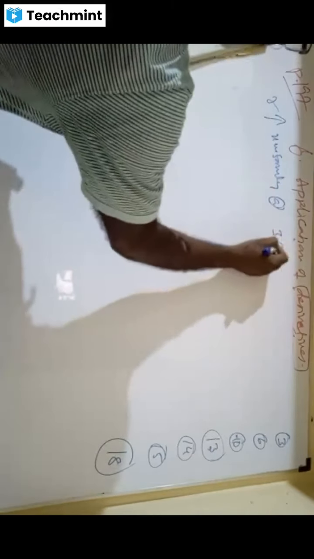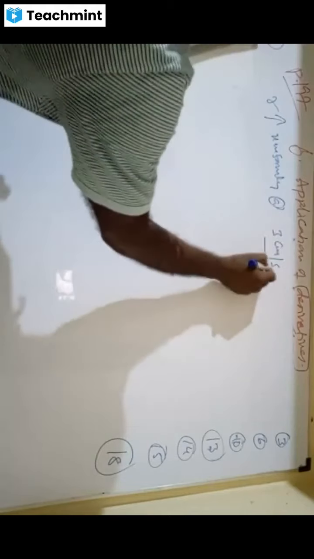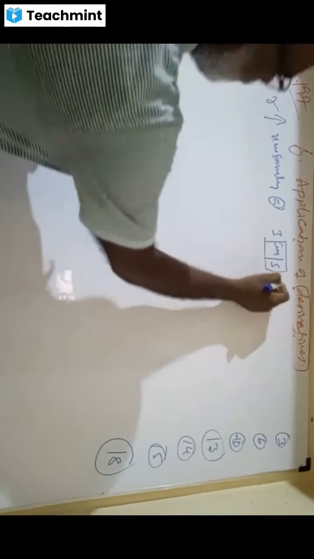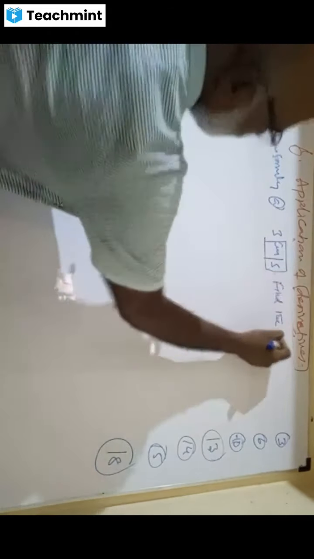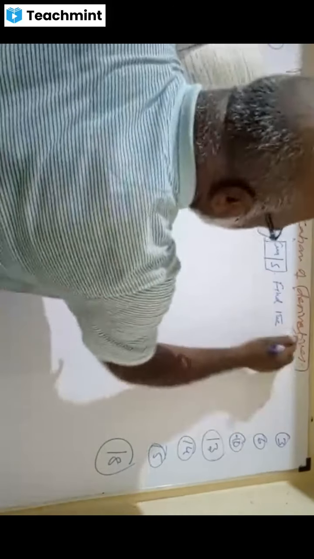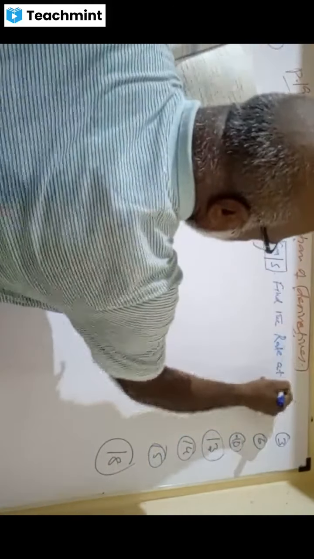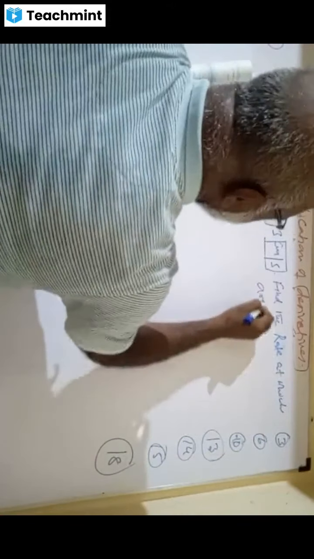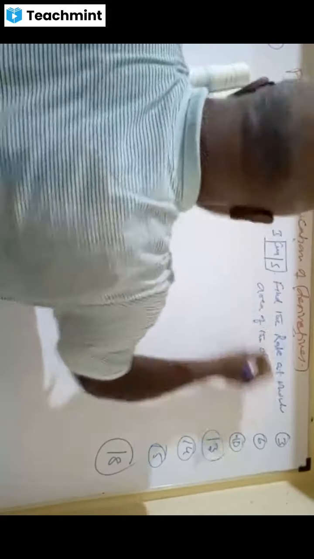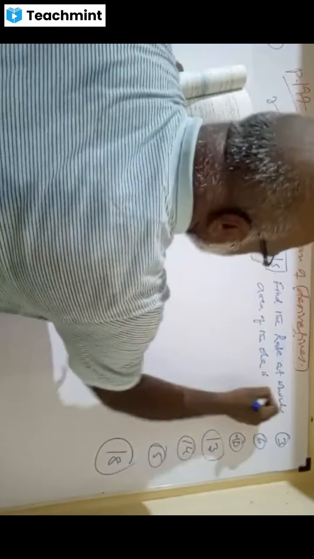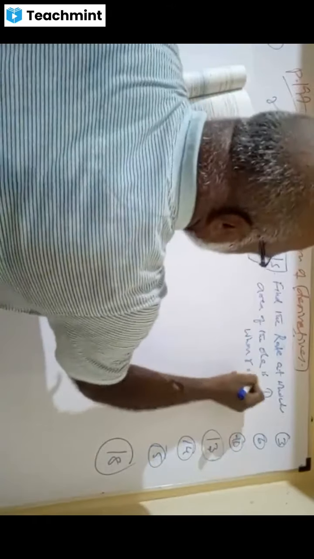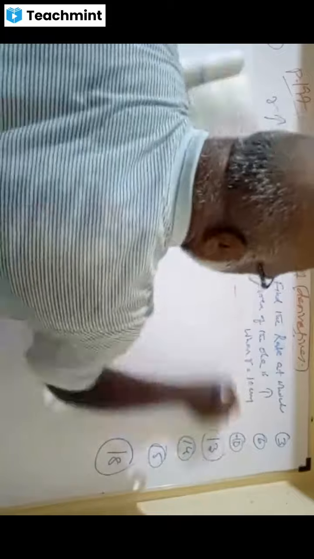The unit is very, very important. Find the rate at which the area of the circle is increasing when the radius is 10 centimeter. This is the full question.